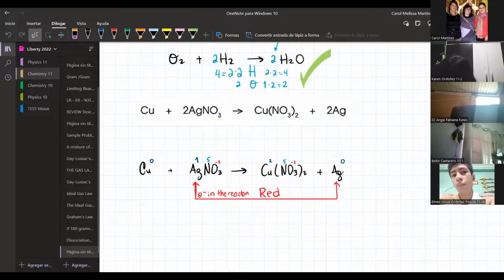And then in copper, we have copper 0, and after we have copper 2, which means that copper is oxidized. And because it's oxidation, electrons are in the products.